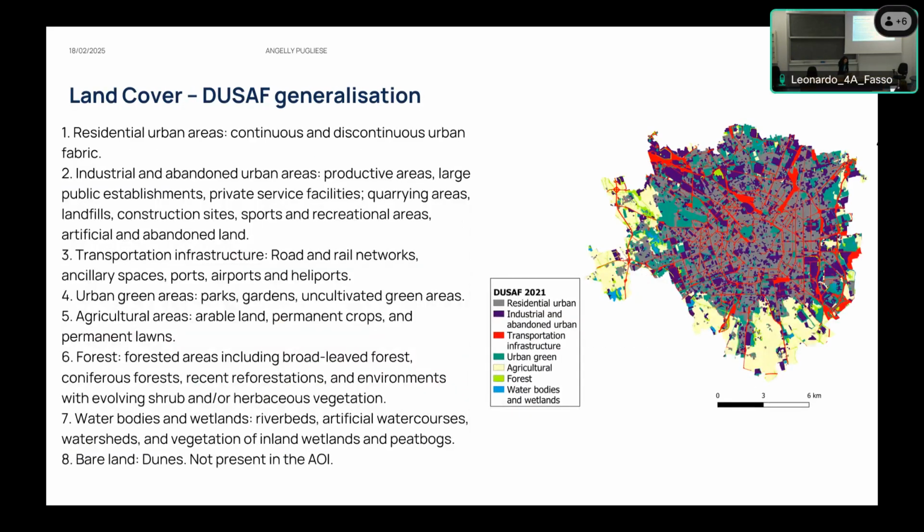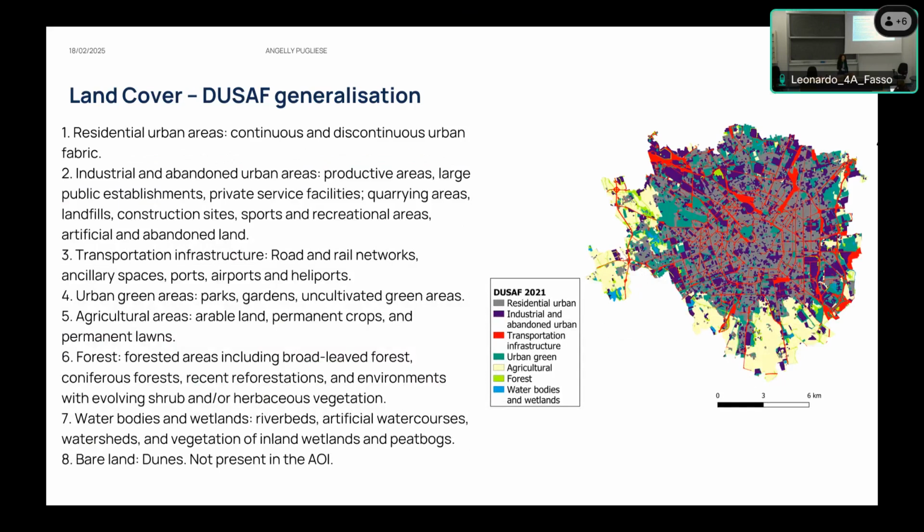So, land cover, DUSAF generalization. DUSAF is the land cover dataset provided by Regione Lombardia every 3 years. Just to clarify, the previous maps that I showed for the surface urban heat island susceptibility were produced using the Urban Atlas, but Urban Atlas has a lower release frequency.